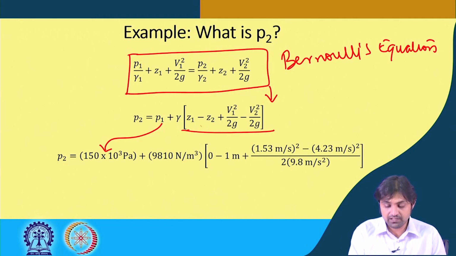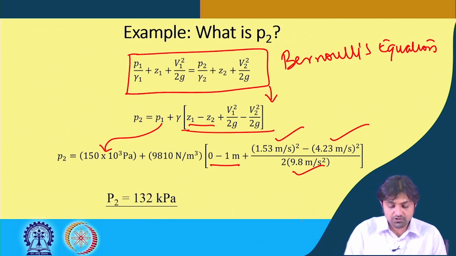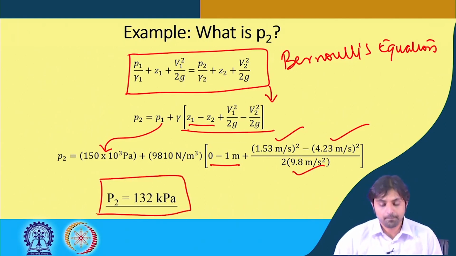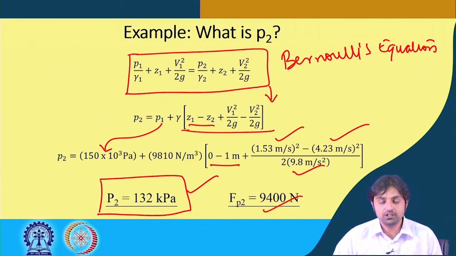We already know Z1 minus Z2 is minus 1 meter, then V1 square minus V2 square by 2g. V1 we have calculated, V2 we have calculated, everything is known. So P2 turns out to be 132 kilopascal. Now if we know P2, we can calculate the pressure force. That will come out to be 9400 Newton.